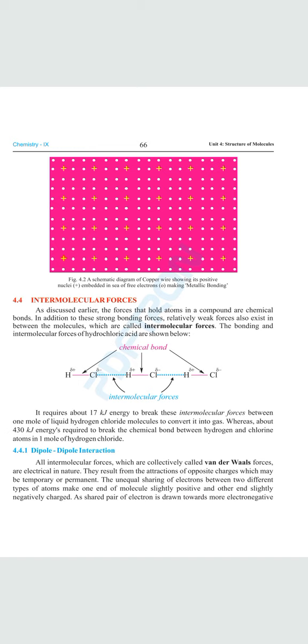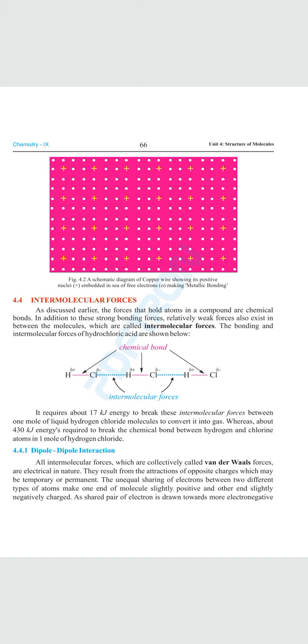It requires about 13 kilojoules of energy to break these intermolecular forces between one mole of liquid hydrogen chloride molecules to convert it into gas. Whereas about 430 kilojoules of energy is required to break the chemical bond.